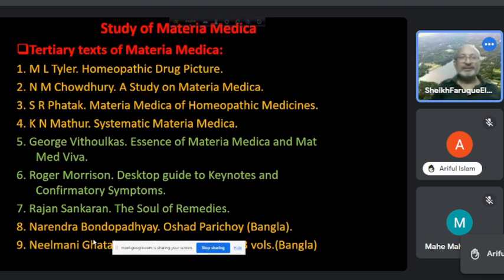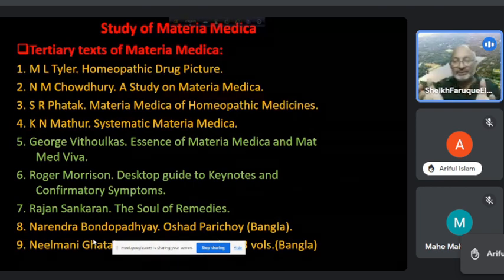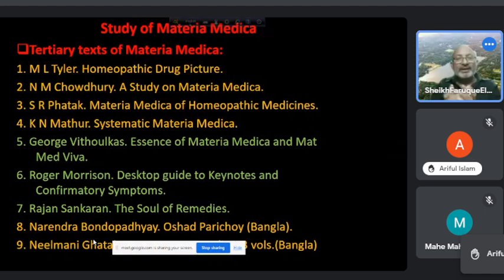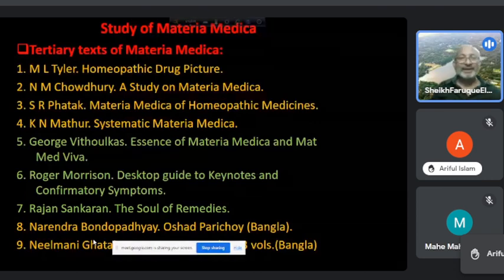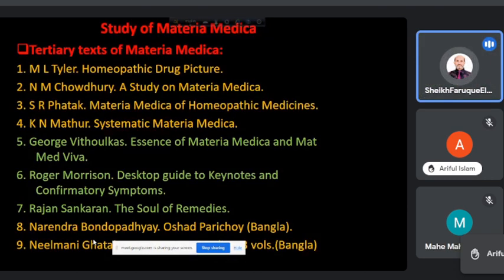It means those who wrote tertiary materia medica took their information from the secondary texts, not from primary texts. They will give you references from the secondary text. These are also very good, very famous books, and easy for us to understand.